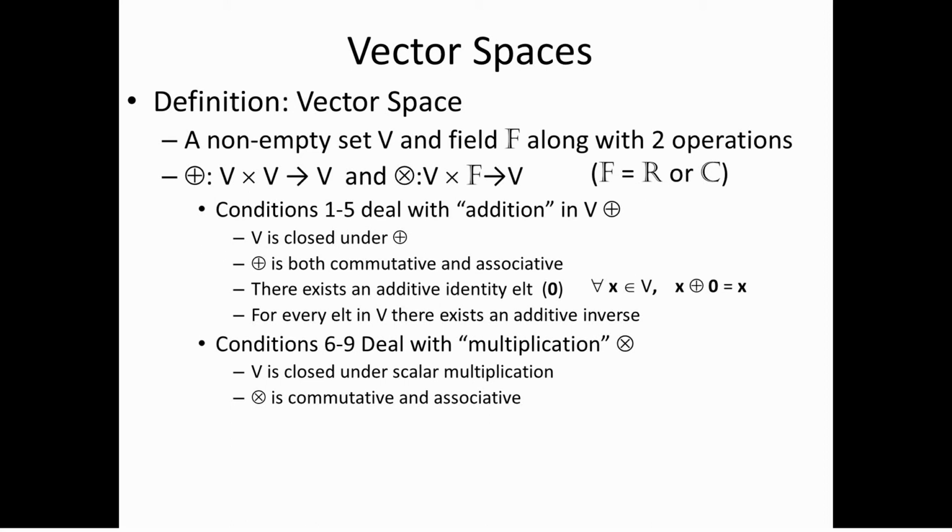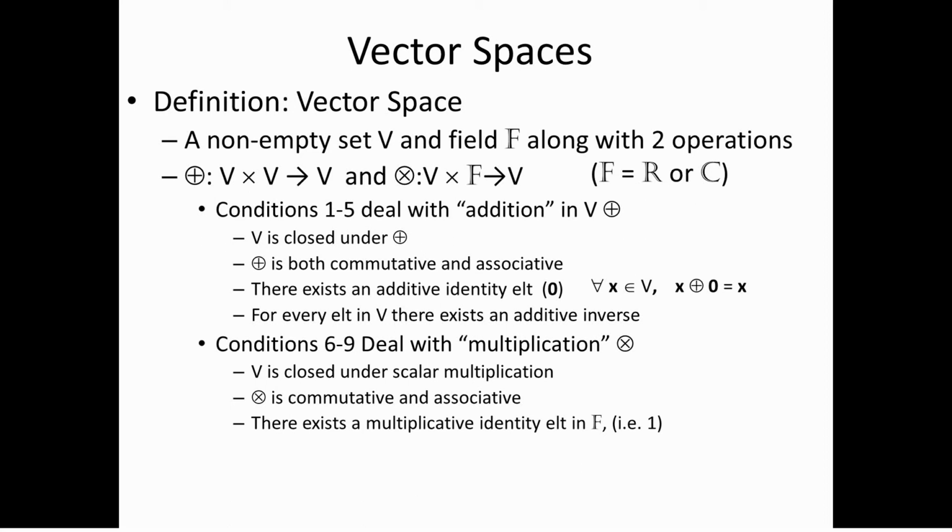In other words, it doesn't matter if we put the scalar before or after the vector when we're doing the multiplication. And if there's more than one, we can multiply them and group them however we want. Okay. And last, there's a multiplicative identity element in F, which is just always 1. So this is saying that 1 times any vector gives us back that vector.